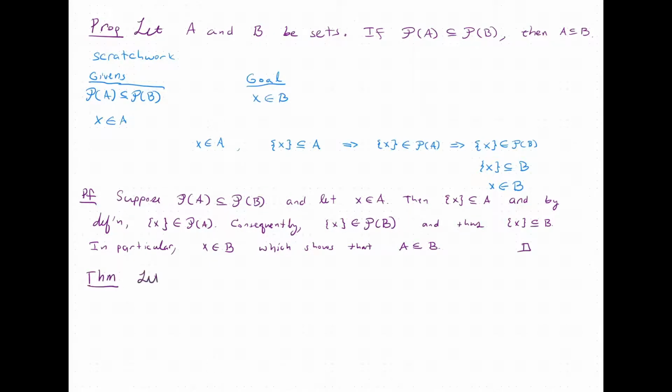What we have shown is that if A and B are sets, then, let me keep the notation from the first statement, A is a subset of B if and only if the power set of A is a subset of the power set of B. And so now we have rewritten the statement so that it's an if and only if.